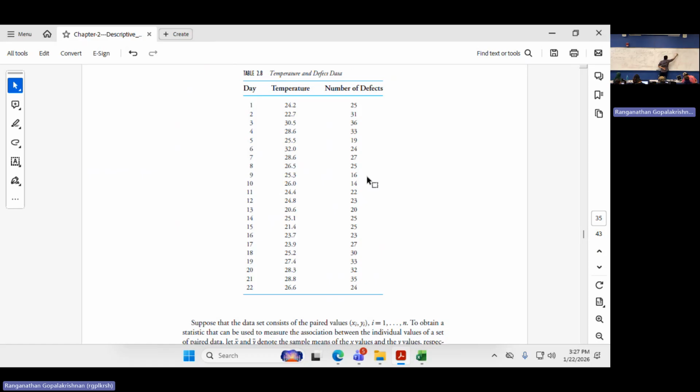And this parameter is defined such that if R is 0 or very close to 0, that means they have no correlation. And if R is 1, it means they have a positive correlation, meaning they both increase together. And if R goes to -1, they have a negative correlation, meaning as one increases, the other decreases.